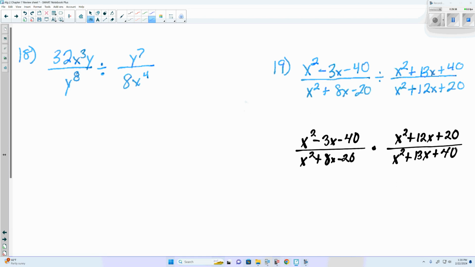It's mainly for this year was working with fractions and dividing and realizing that really dividing two fractions is the same as multiplying by its reciprocal.